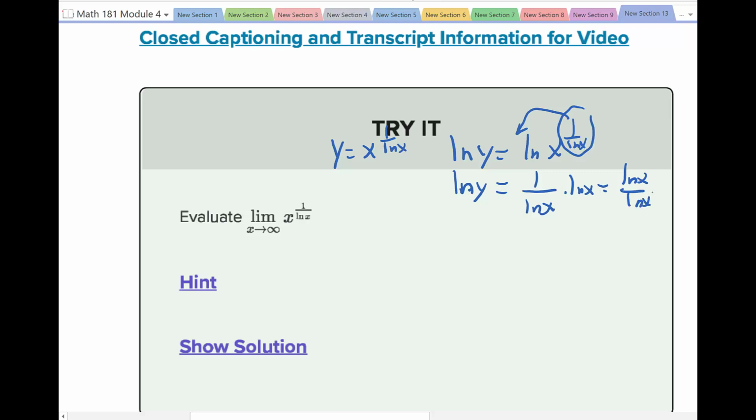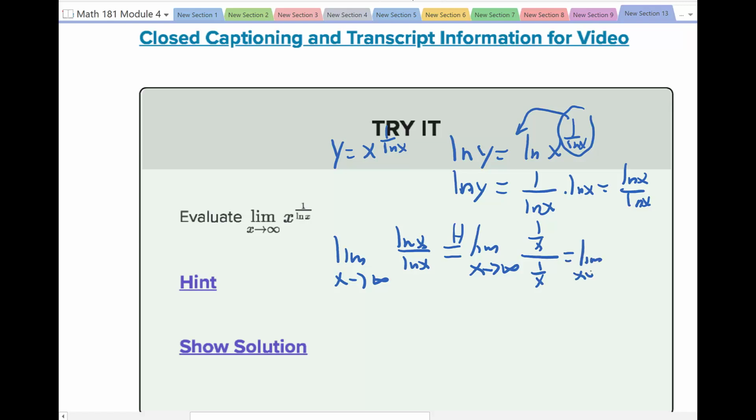Okay. So when I did this one, I just kept working it out, but a student of mine in class pointed out, well, the limit as x goes to infinity of the natural log of x over the natural log of x, isn't that just 1? I'm like, yeah. I carried it further because I took this to be the limit as x goes to infinity of 1 over x over 1 over x, which becomes the limit as x goes to infinity of x over x.